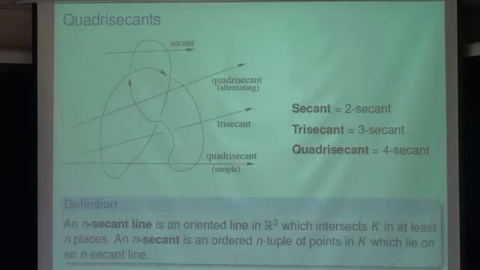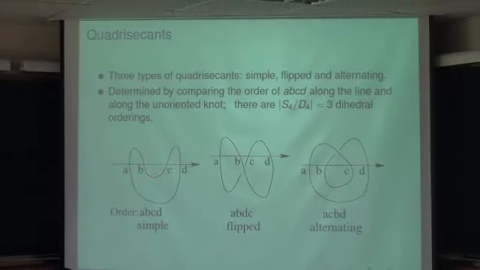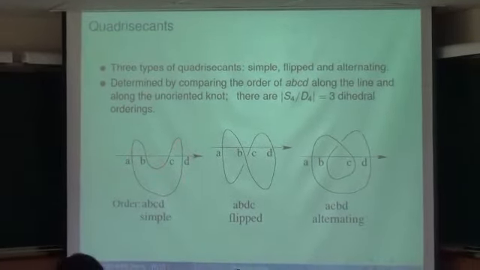I wanted to talk about different types of quadrisecants today. This quadrisecant here looks different to this quadrisecant here. So I want to tell you about the different types. I'm going to compare the order along the line, so that's A, B, C, D. And I want to compare the order along the knot.